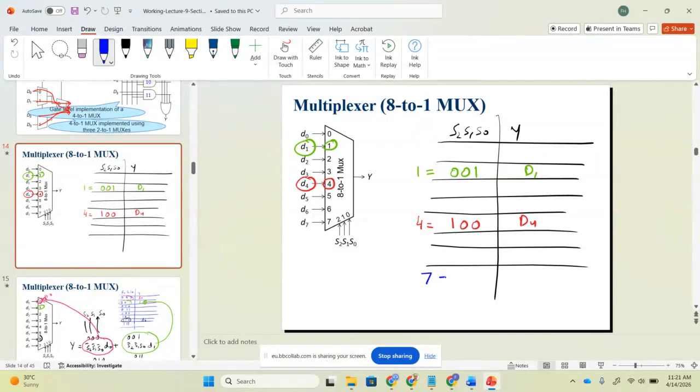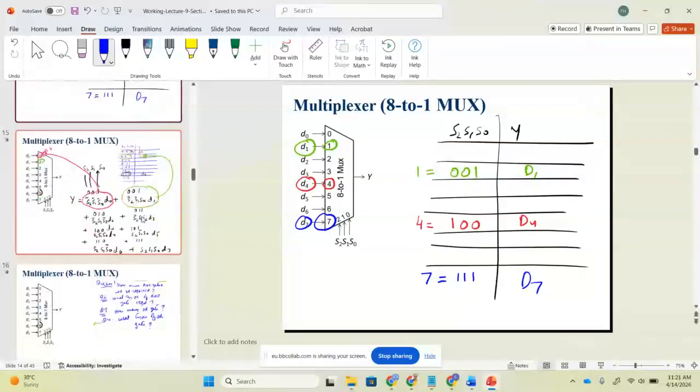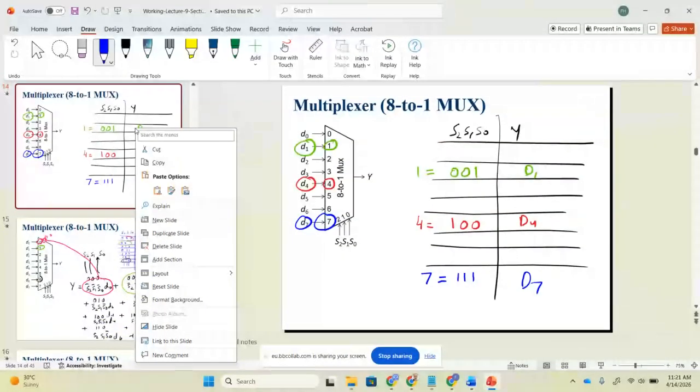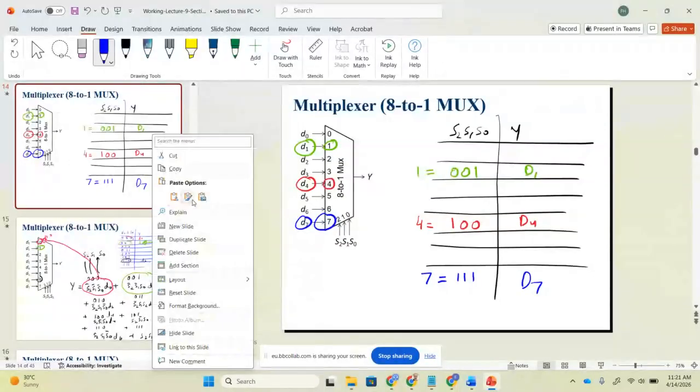If it is 7, it is 1 1 1. What will be the value of Y? D7. Got it or not? Any question? Clear? What I'm going to do is say the same thing, and then I can do it here.